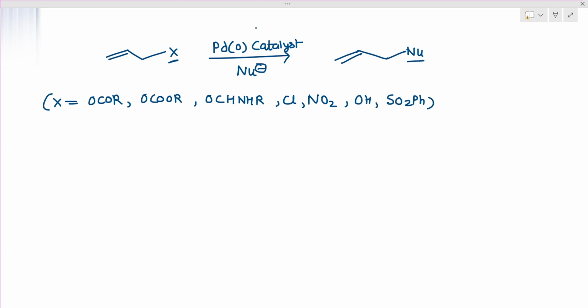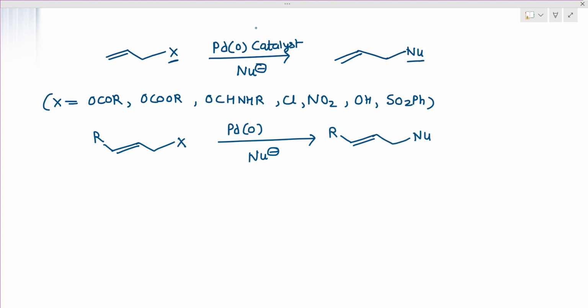Suppose we take X and here is R. In the presence of palladium catalyst and nucleophile it will change into this type of product. You may get either this product or this one. Both are equivalent.